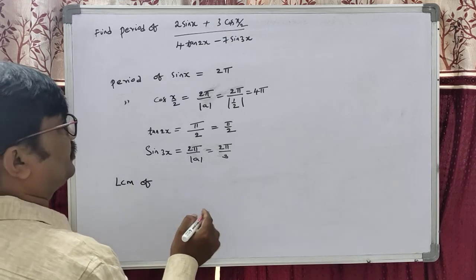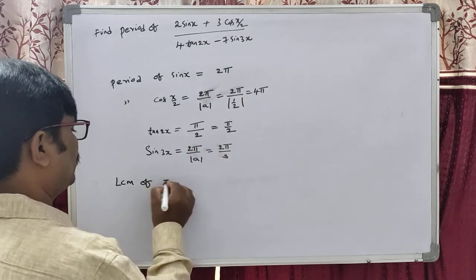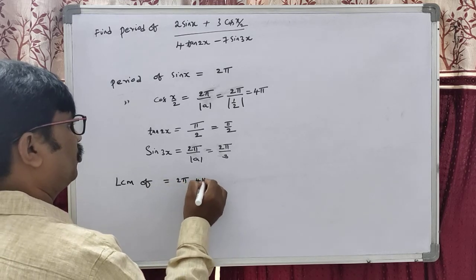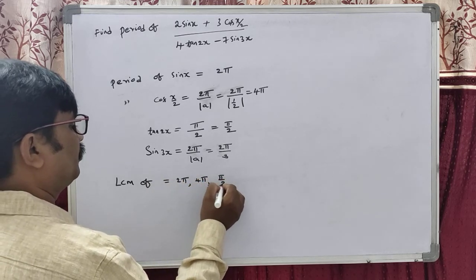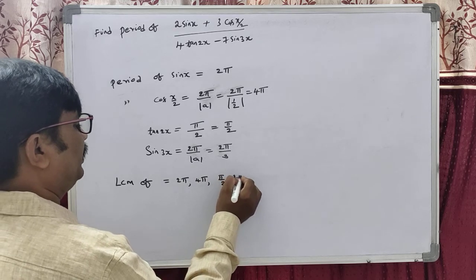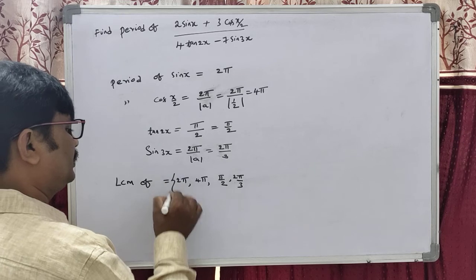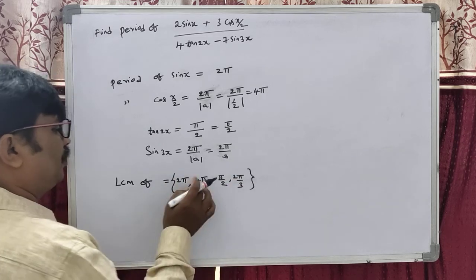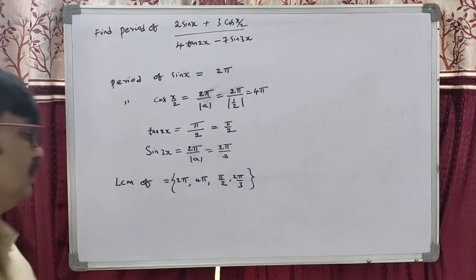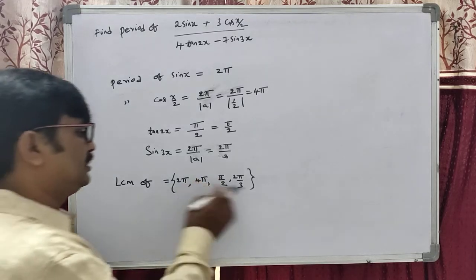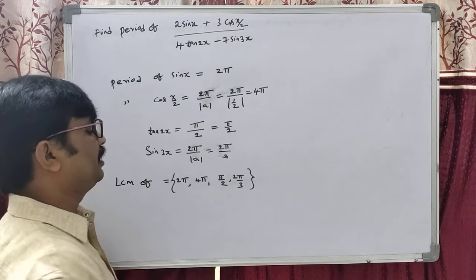The periods are 4 pi, pi by 2 and 2 pi by 3. The LCM of 2 pi and 4 pi is 4 pi.